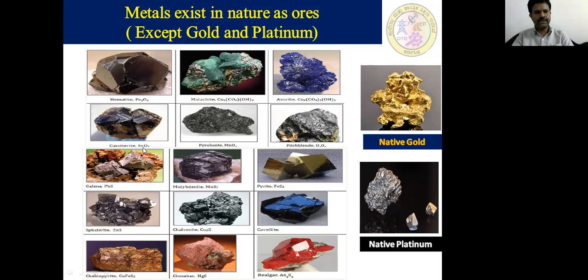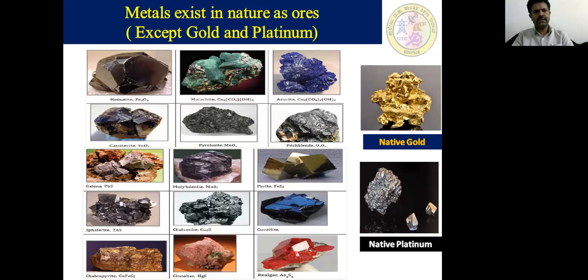So in all the metals, you can see the metals are not in a pure state, a single element, they are in compound form, except gold and platinum. Gold and platinum exist in native form. But most of the metals exist in nature as compounds or ores.